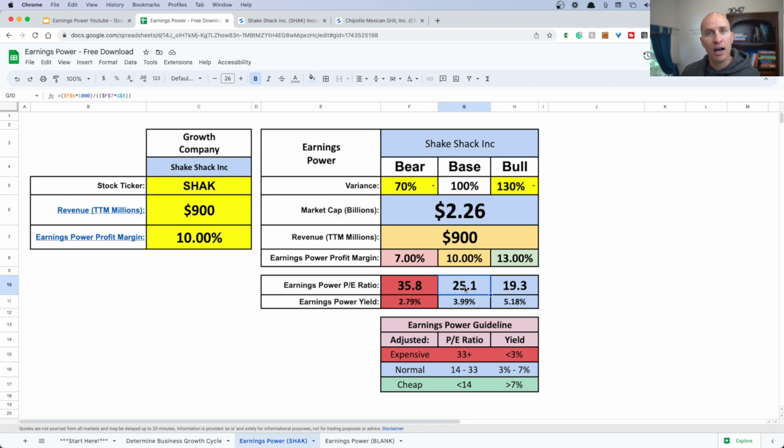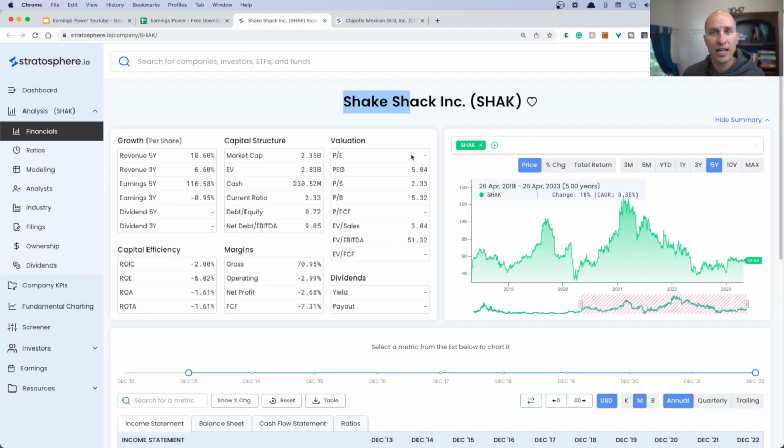Now, we put a little guideline here to show you if that number is expensive or normal or cheap. There's obviously a lot of nuance in here, but if you found out that Shake Shack was trading at 25 times earnings today, would that be interesting to you? It might be. So you can see that using this earnings power tool allows us to make valuation decisions on companies before they have any earnings or free cash flow.